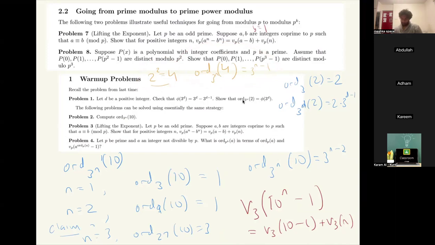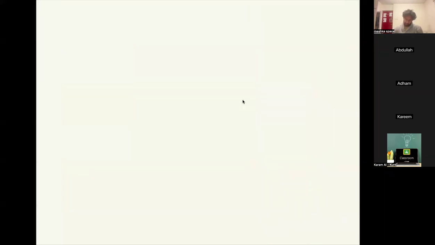It's not just, okay, let me write it down. So let's say I know that the order of 4 mod 3 to the n is equal to 3 to the n minus 1, which will follow by lifting the exponent. Okay, so now how do I calculate the order of 2?